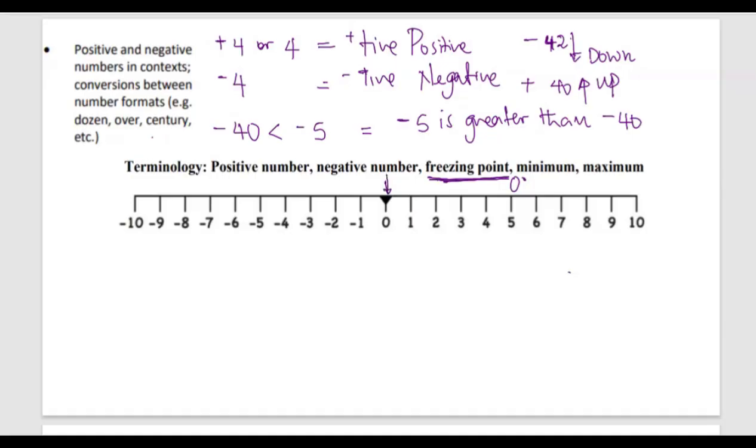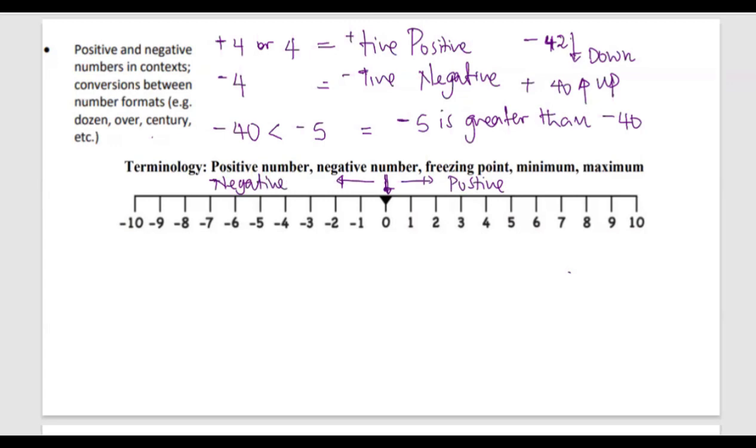This is called a number line, right? The right-hand side, these are positive numbers. They don't have any sign in front of them. Whereas from this other side, we are saying these are negative numbers, all right?